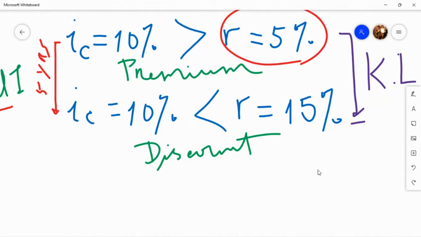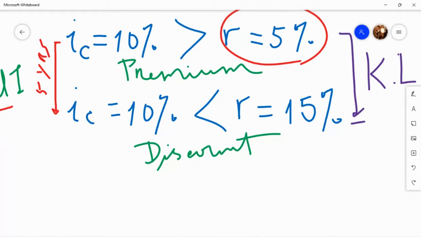If the interest rate goes up 5 years later, and there was no way to predict it from time zero, then you realize capital loss, right? So it's also called interest rate risk, and also called price risk, because it was a premium bond previously, now it's a discount bond. That's why you incur capital loss. So it's also called price risk.